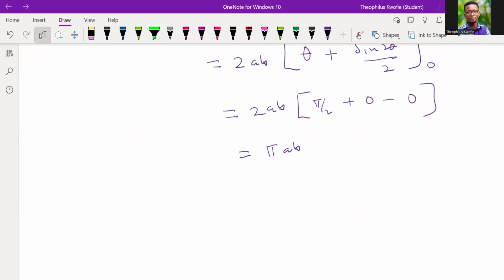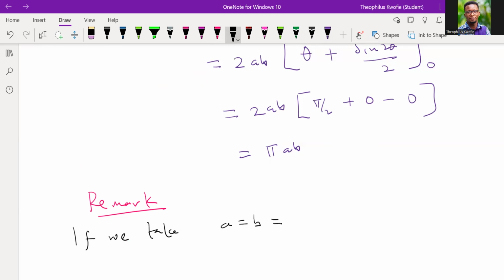But let's try and do some analysis here. Now we have shown that the area of the ellipse with semi-axes A and B is pi AB. Let me write this as a remark. For example, if we take A to be B, let's name it R, as a popular name, R as the radius.